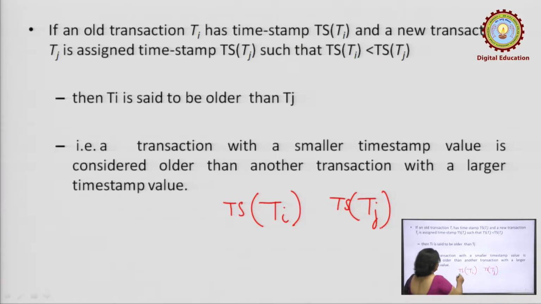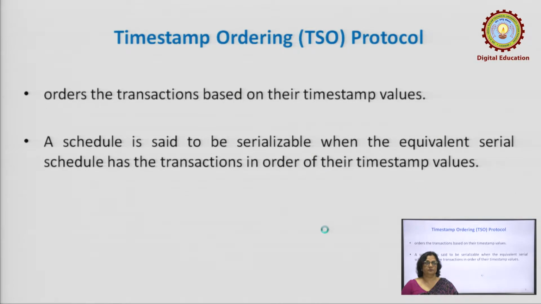Then if TS(Ti) is smaller than TS(Tj), we say that the transaction Ti is older than the transaction Tj, or the transaction Tj is younger or newer than the transaction Ti. So, the transactions with the smaller timestamp are considered older than the transactions with the larger timestamp.